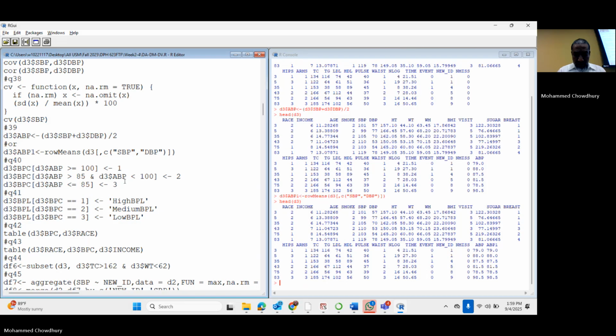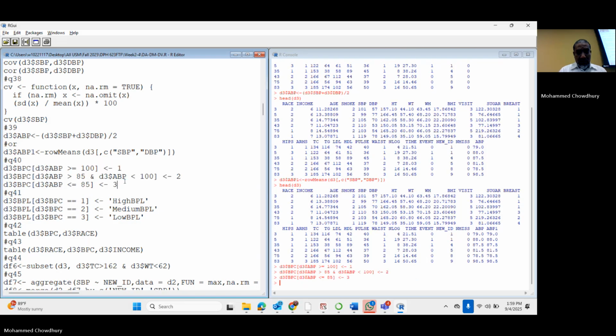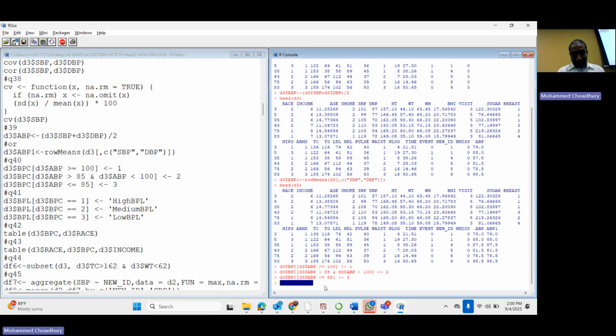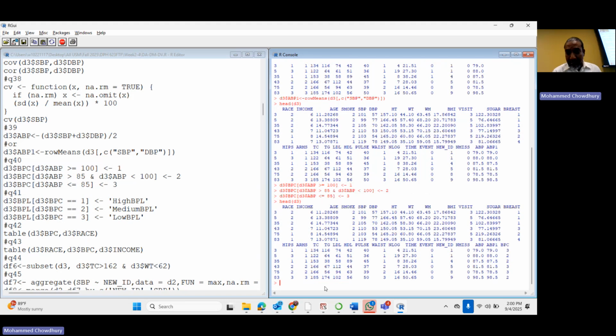So that is the way I have created a BPC variable, blood pressure category. If you take a look at that, D3, this is the blood pressure category level 3. If less than 85, then 3. If between 85 and less than 100, then this is 2. So by using these values, I have created blood pressure category level.